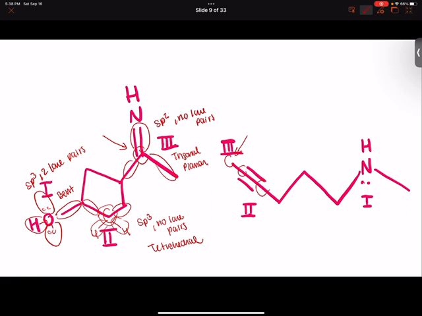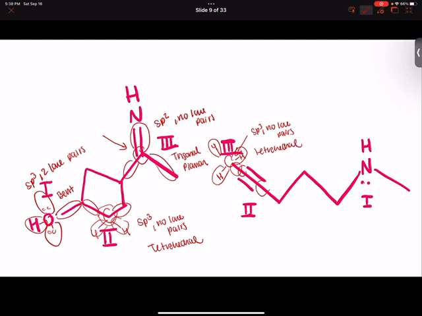So this one only has 1 bond for now, but we need 4 bonds, right? So this carbon is going to have 3 hydrogens. And now we can determine if it's sp, sp2, or sp3. We have 1, 2, 3, 4. So it's sp3, no lone pairs. It's going to be a tetrahedral.